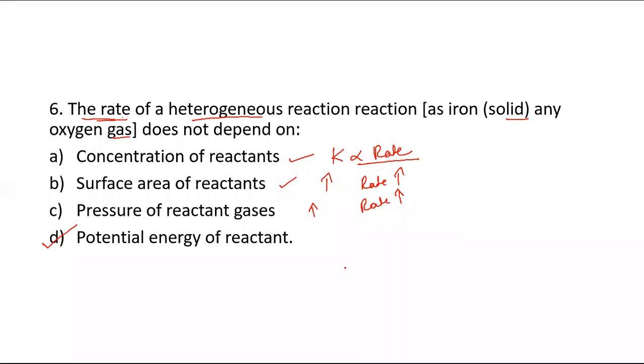Don't get confused between homogeneous and heterogeneous. A heterogeneous reaction also depends on concentration, surface area and pressure. But both homogeneous and heterogeneous will not depend on the potential energy of the reactant. So whatever factors affect the rate of the reaction, you have to consider for both homogeneous and heterogeneous. It does not depend on potential energy in any way, but it depends on the other three options, that is 1 to C.